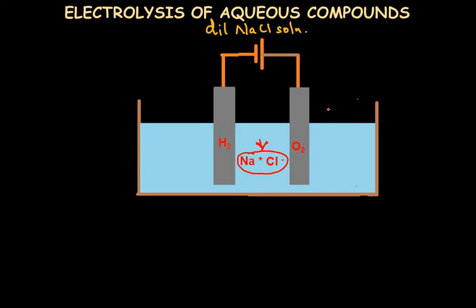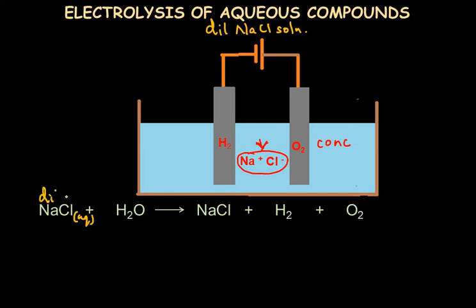And so the only change which happens in the electrolyte is that the solution becomes more and more concentrated and lesser in volume. So if it is a dilute NaCl solution, then the product will be NaCl solution only, but concentrated, along with hydrogen and oxygen gases as the products.